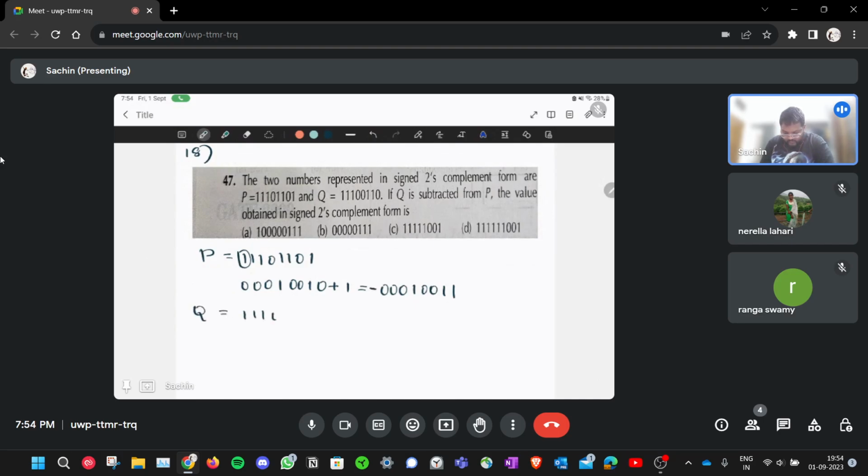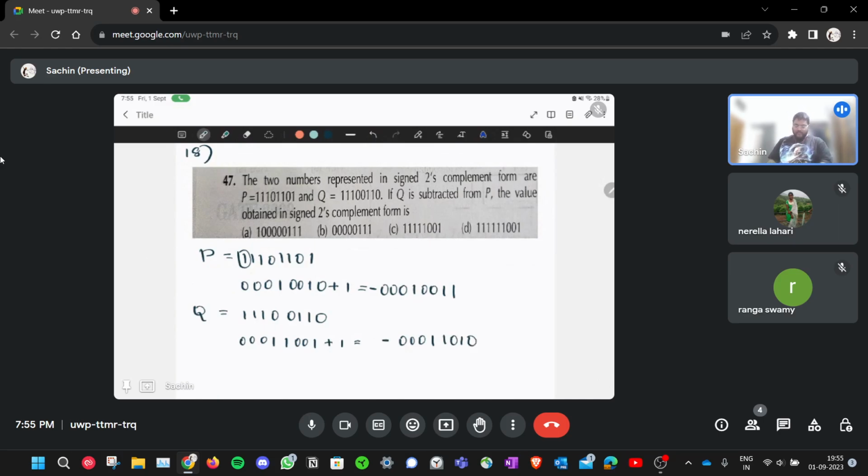Q is 1110 0110. So the 2's complement of this number is 0001 1001 plus 1, which is 0001 1010.